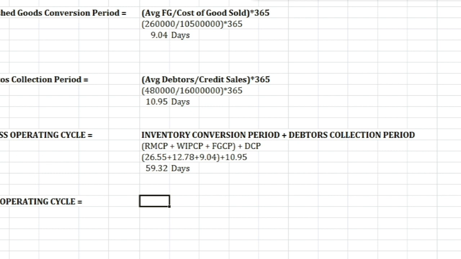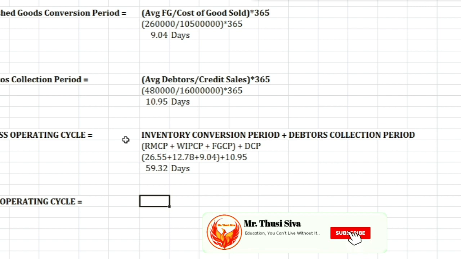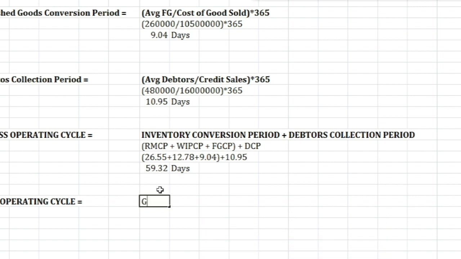Here we have calculated the gross operating cycle, so the creditors payment period can be deducted from the gross operating cycle.